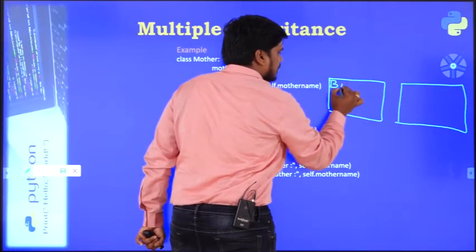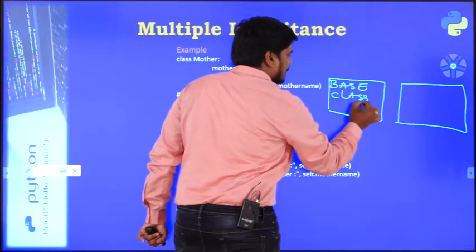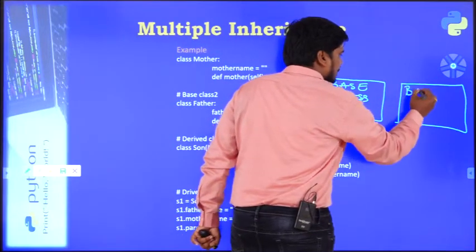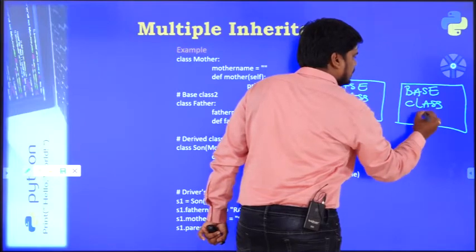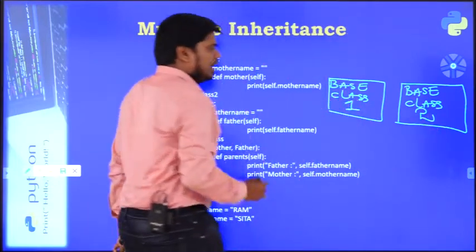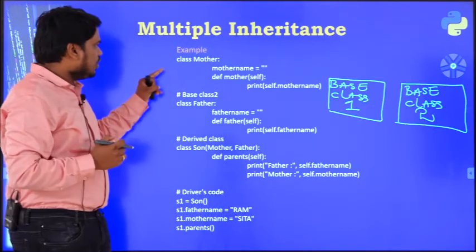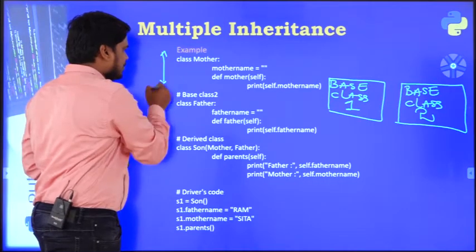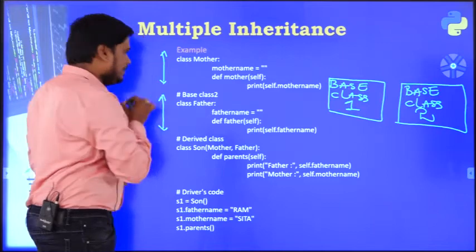This is base class number 1, and next is base class 2. I will explain it programmatically. Here I have two classes: this is my base class number 1, and this is my base class 2.